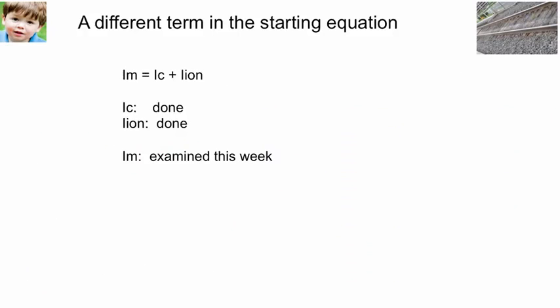As we start this week, let's look at the terms in the equation that we have used over and over. We have frequently begun with the equation Im equals IC plus I ion. The total membrane current is the capacitive current plus the sum of the ionic currents for active tissue.